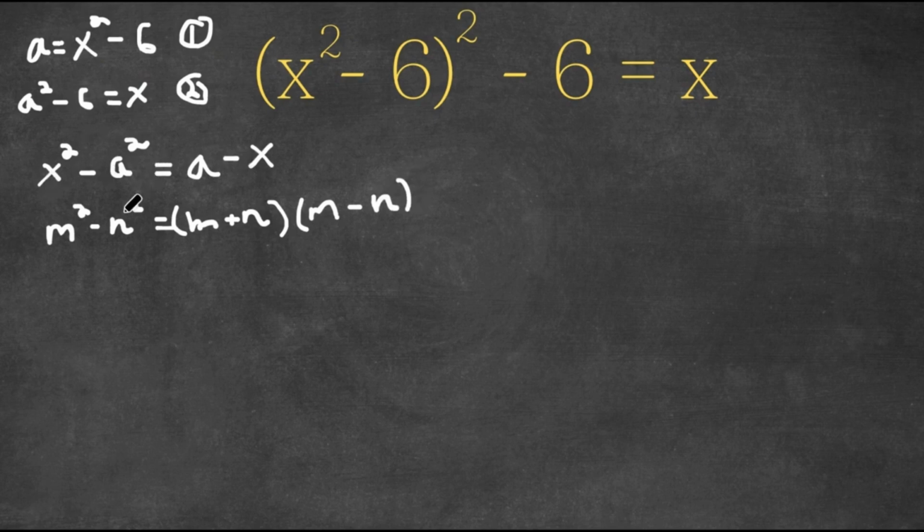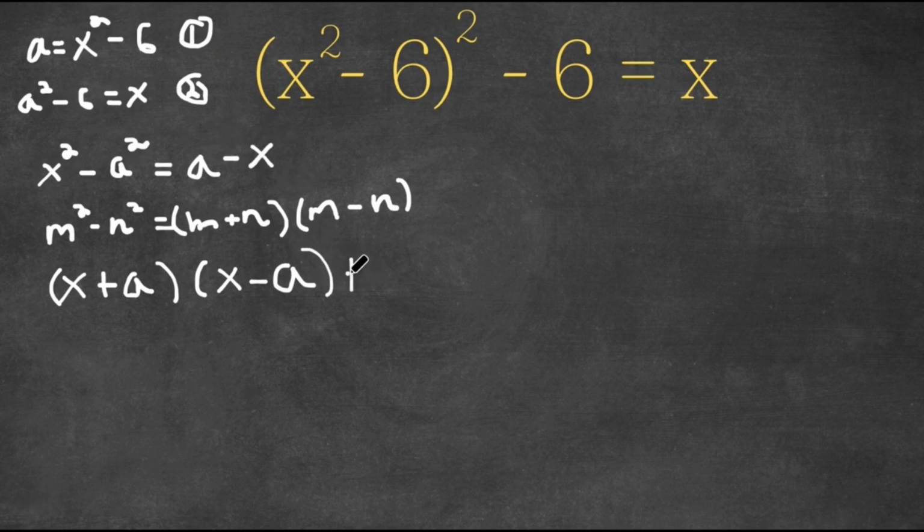Meaning x² − a² is equal to (x + a) times (x − a). Now if I add x on both sides, we get plus x, and if I subtract a on both sides, we get minus a. Because there's nothing left on our right-hand side, we simply have 0.